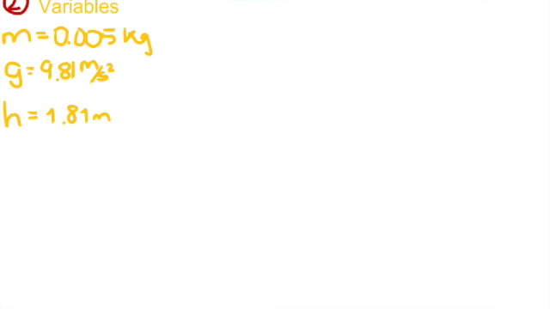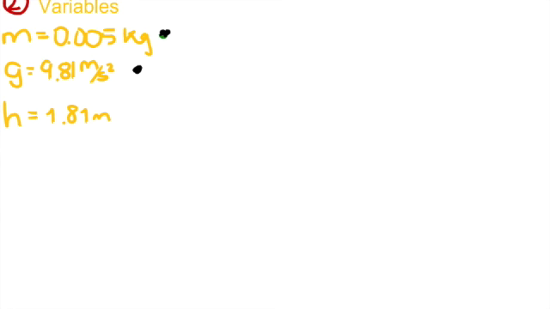So next, I've listed the variables of interest for this problem. We have the mass of the marble, which is 0.005 kilograms. We have the acceleration due to gravity, which is 9.81 meters per second squared.